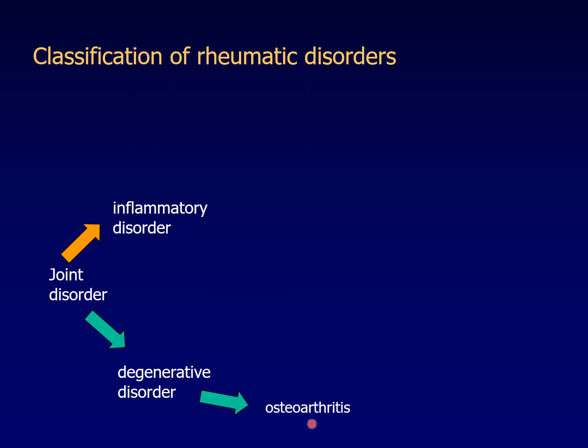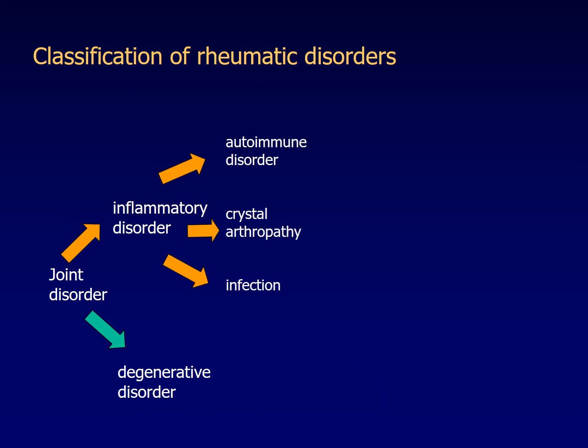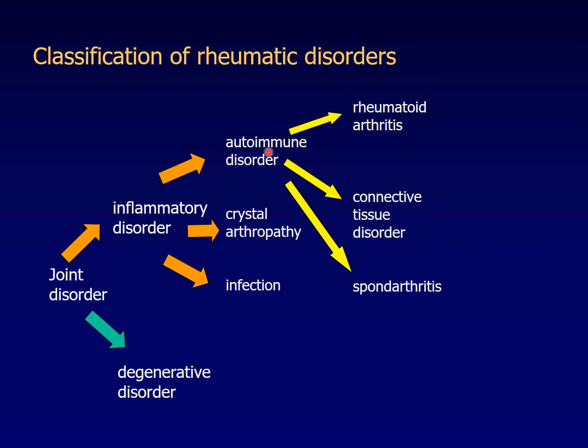Degenerative is osteoarthritis. Then there is autoimmune, crystal arthropathy like gout, and infection. In autoimmune there is rheumatoid arthritis, connective tissue disorder, and spondyloarthropathies.